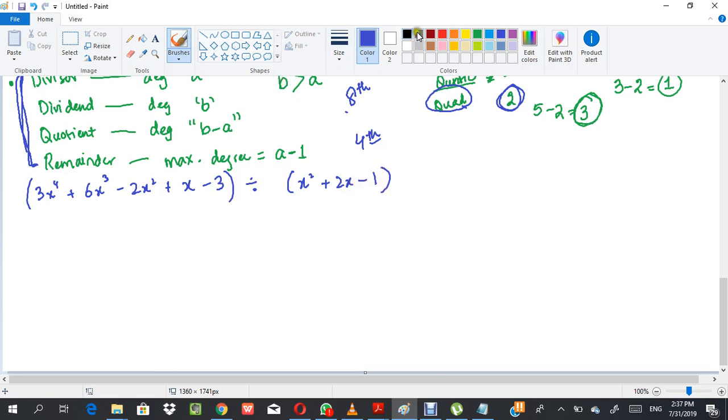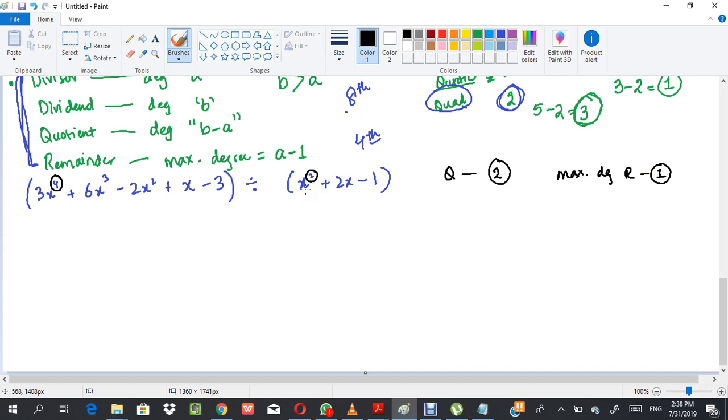So we can see here that we have a quartic dividend and we have a quadratic divisor. So based on the rules that we studied above, the degree of the quotient would be 2. Why? Because 4 minus 2 is 2. And the maximum degree of the remainder would be 1, because we have a quadratic divisor. So at max we can get a linear remainder.